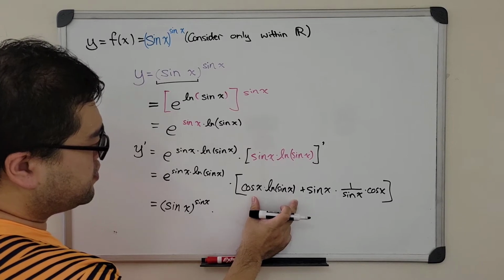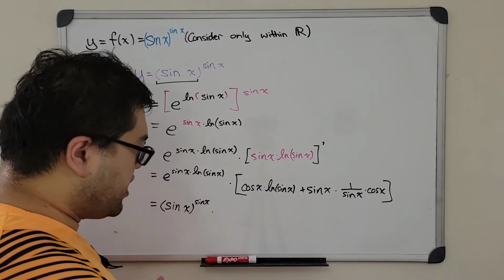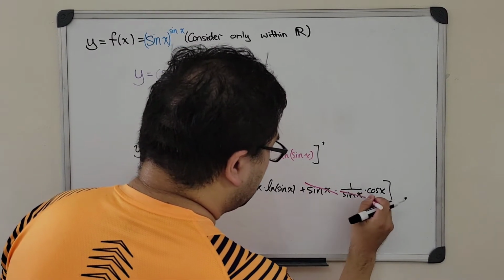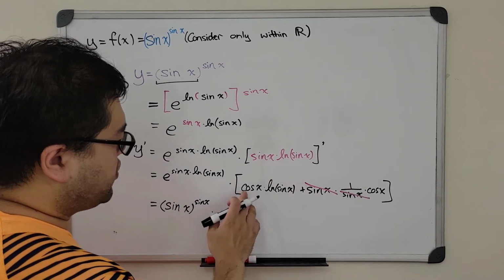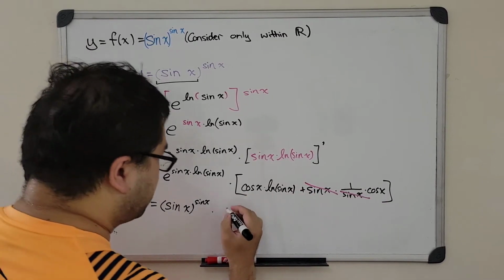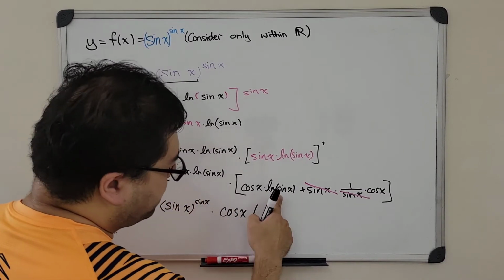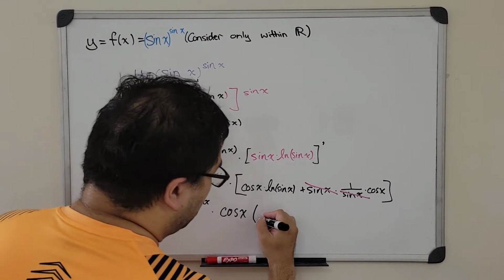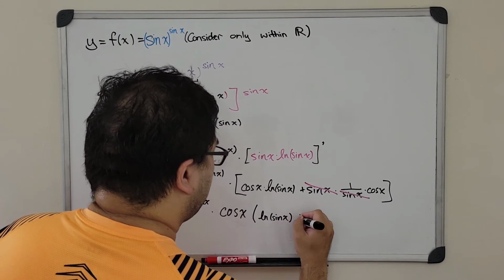First part, there's nothing we can do. Second part here, the sine and the sine will cancel out. So we end up with just cosine. And in this case, we have cosine here and cosine here. We can factor the cosine out, leaving us with just ln of sine of x plus 1.